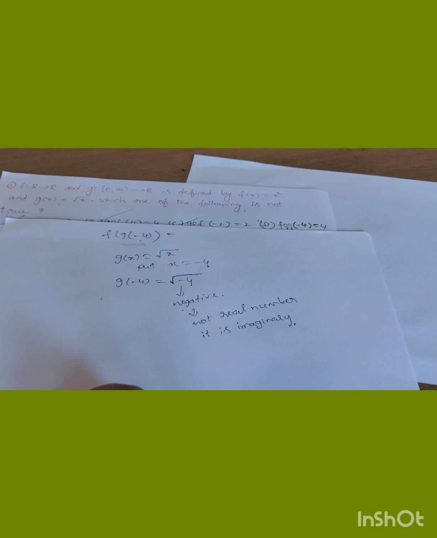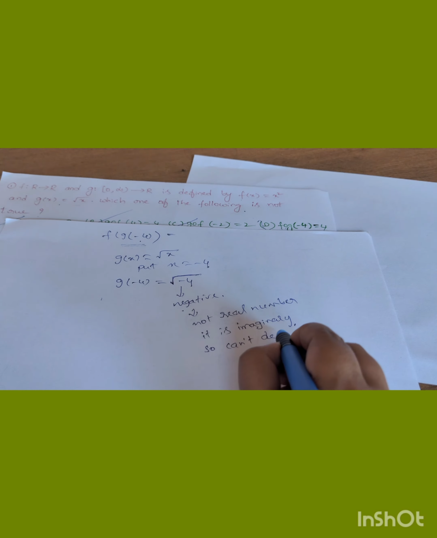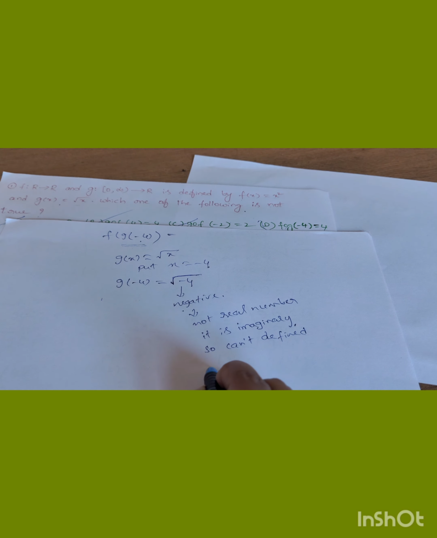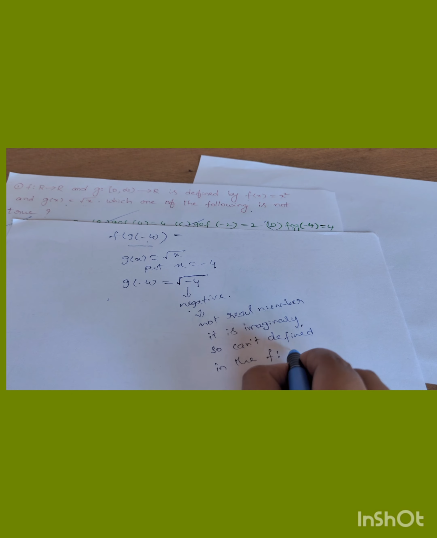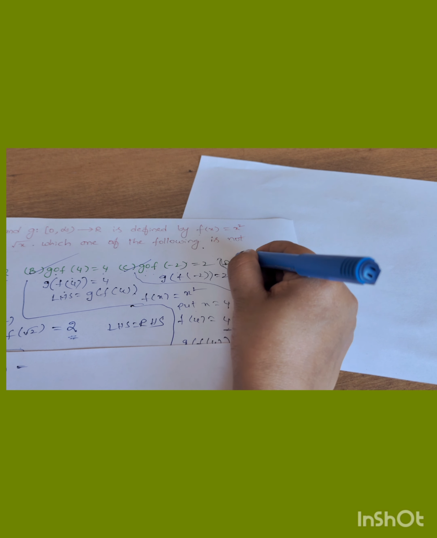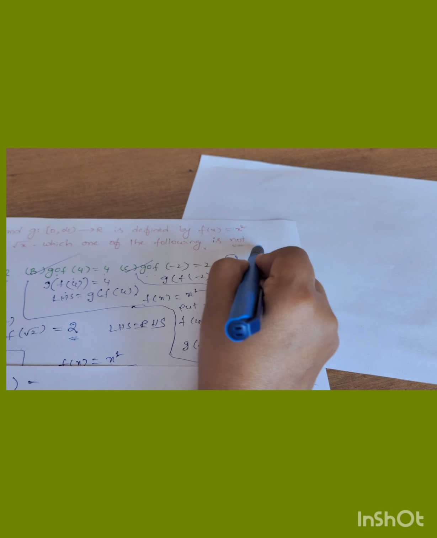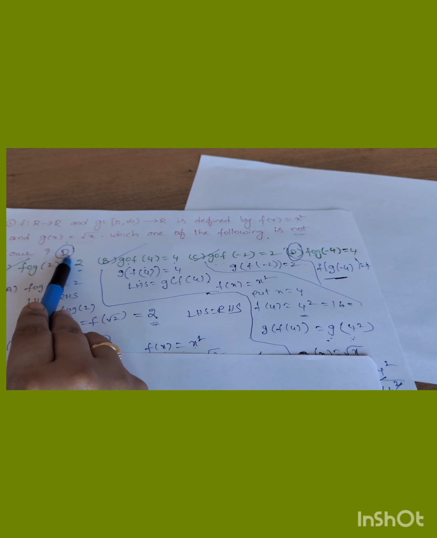We cannot define this in the function, since f maps R to R. Therefore, option D is not true. So the correct answer, the one that is not true, is option D.